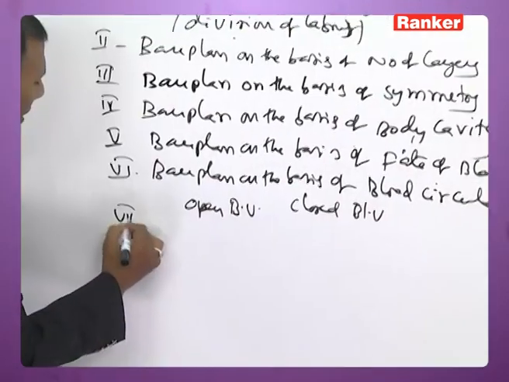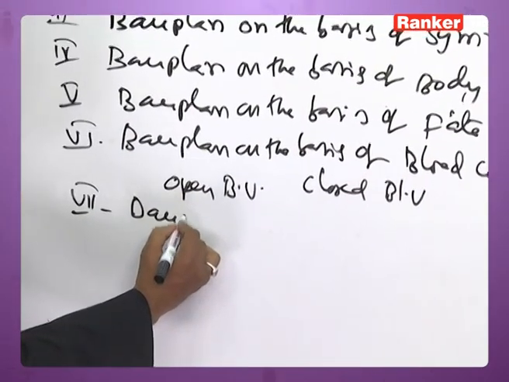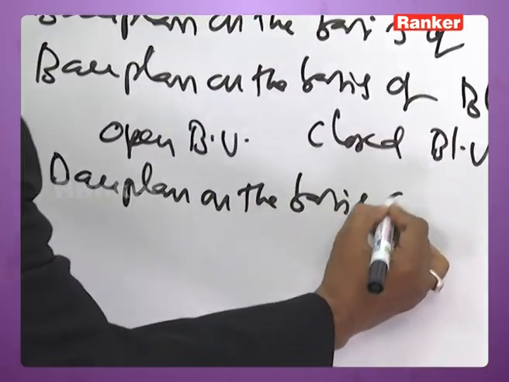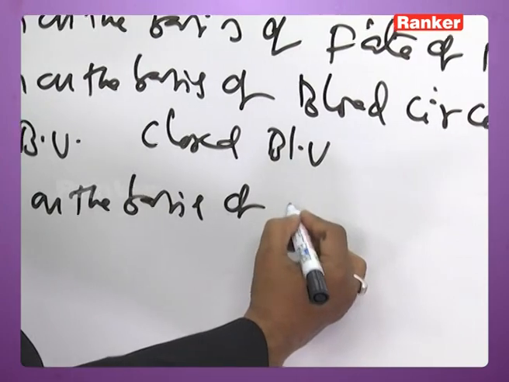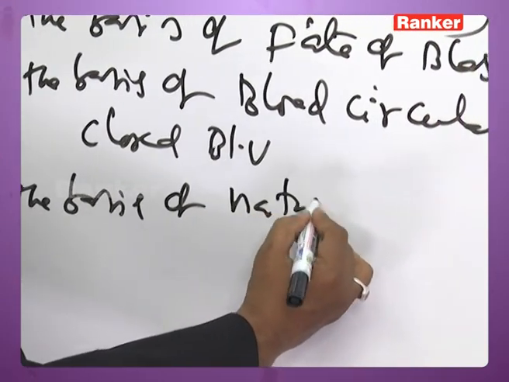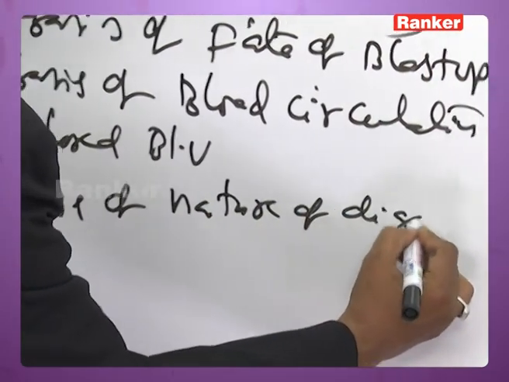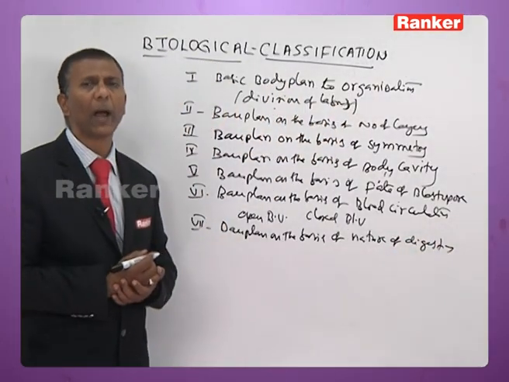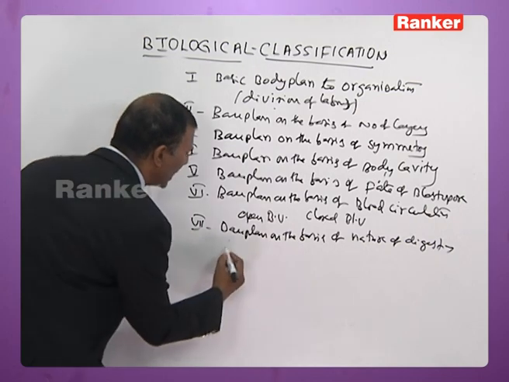The next you have body plan on the basis of digestion, nature of digestion. Now suppose you take protozoa and porifera, digestion is intracellular.